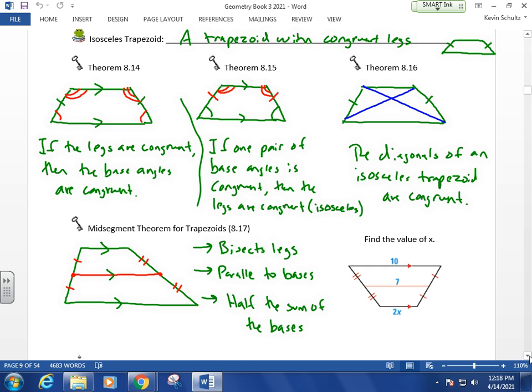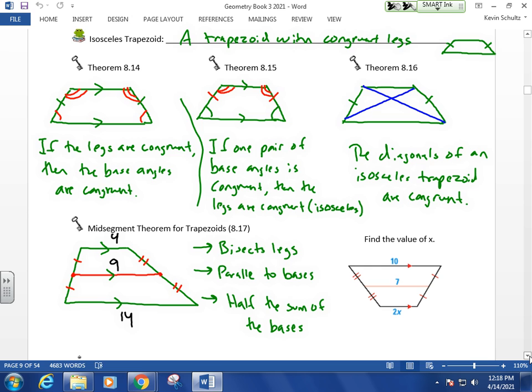So if we were given values, if this was 4 and this was 14, the midsegment would be the sum, 4 plus 14, take half of that, the midsegment would be 9. Clearly this is not drawn to scale, but that's okay.